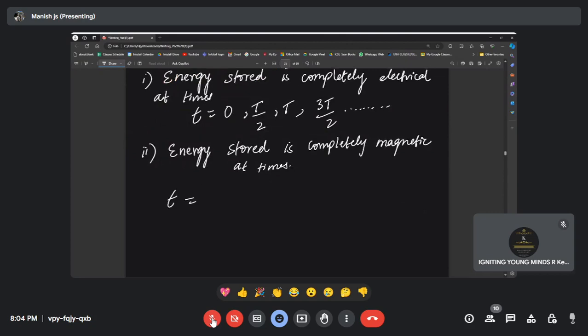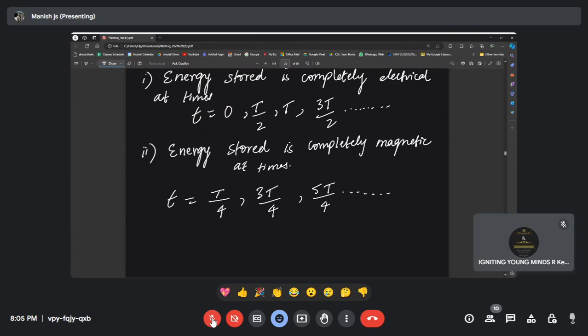So when t is equal to T by 4, 3T by 4, 5T by 4, and so forth. You can see it is odd multiples of T by 4. So in those multiples of T by 4, the energy which is stored is completely magnetic. So these are the relations for time period which you will have to keep in mind.